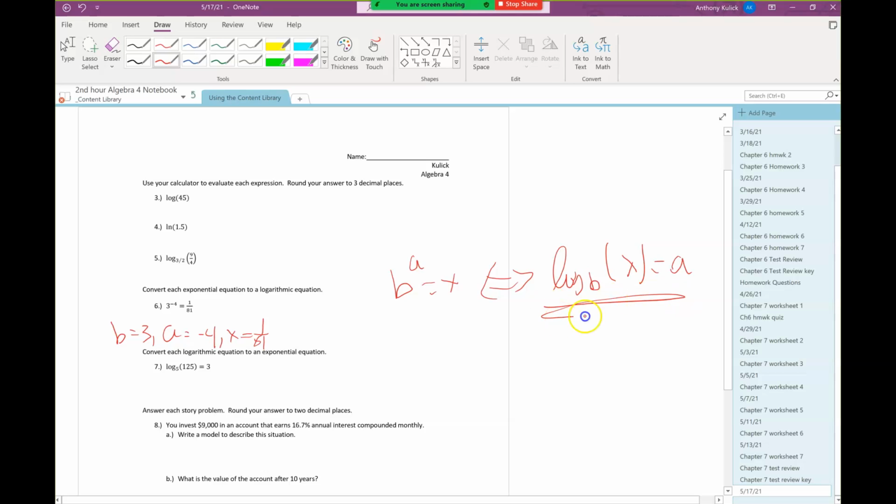So I just plug it into this side. So I say log base 3 of 1 over 81 is equal to -4. There's nothing to do after that. You just put the things in a different spot. Okay. So you're just using that definition to do the rearranging. So it should be real easy, right? Nothing tricky about it.